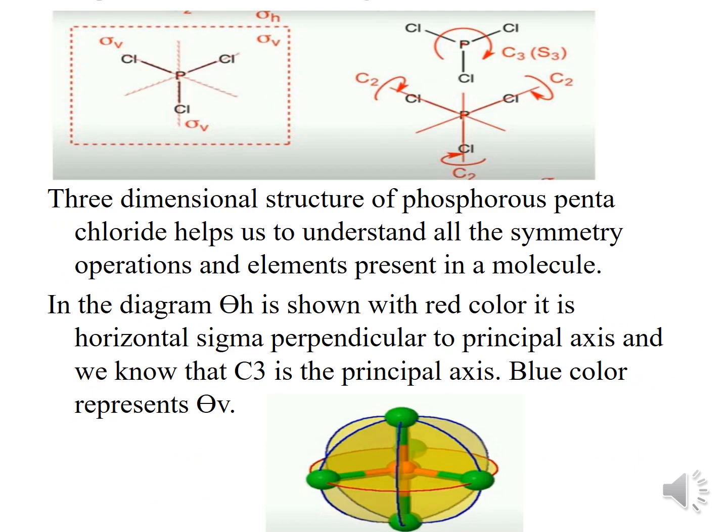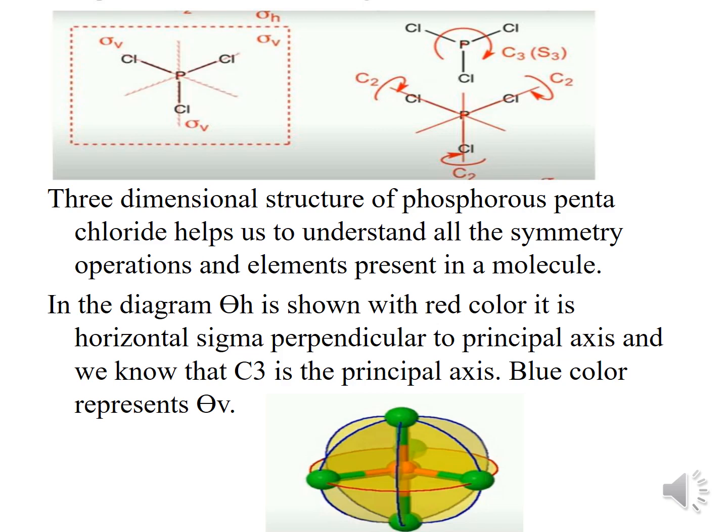The three-dimensional structure of phosphorus pentachloride helps us to understand all the symmetry operations and elements present in a molecule. In this diagram, sigma h is shown in red. It is the horizontal plane, perpendicular to the principal axis, and we know that C3 is the principal axis.